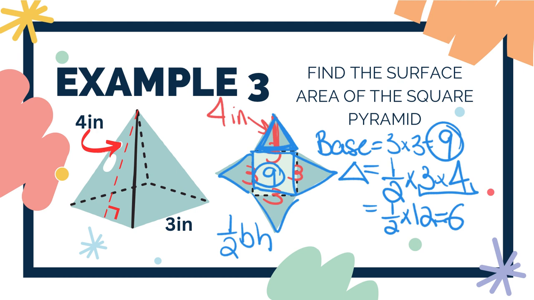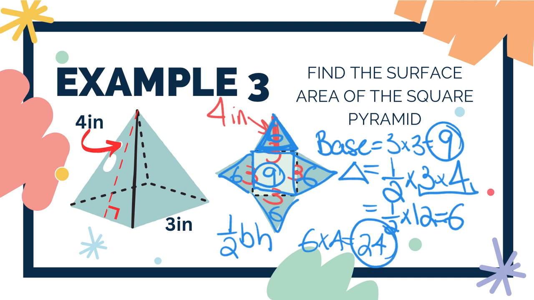So each of these triangles has an area of 6. 6 here, 6 here, 6 here, and 6 here. Since there's 4 triangles, we have to multiply that 6 times 4. So 6 times 4 is 24. So that's the area of all the triangles, and the area of the base is 9.